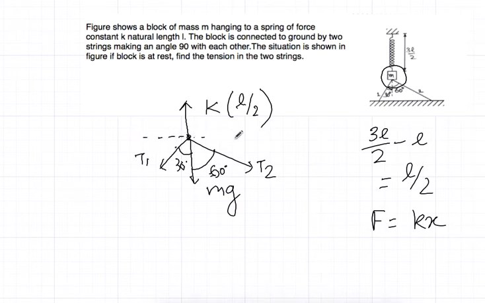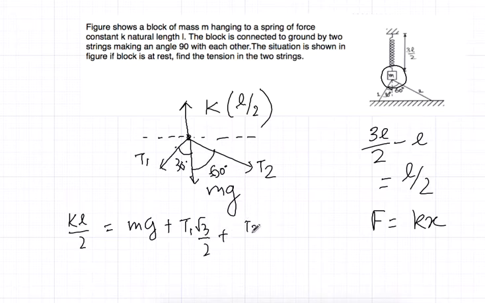These are the two axes, and we have to divide the components in these two axes. So this force KL by 2 must be equal to mg plus T1 cos 30 degrees. Cos 30 degrees is root 3 by 2, isn't it? Plus T2 cos 60 degrees, which is T2 by 2.